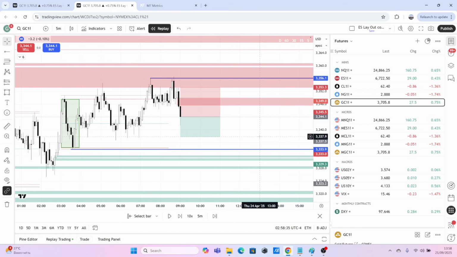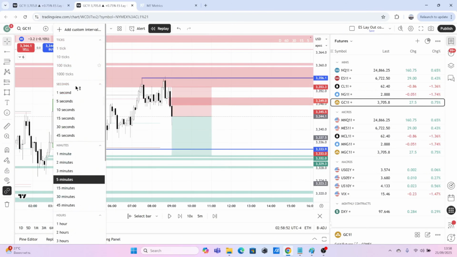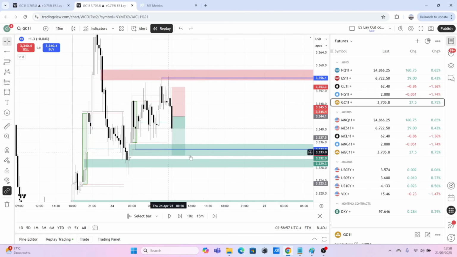Now, what are our targets? Our targets are untapped fair value gaps, so they can't be traded to. So we see here, this has not been traded to, this hasn't been traded to, so that is your target. That's it. You can look on the high time frame too, so you look at the 15-minute. Okay, you can see that has been traded to.